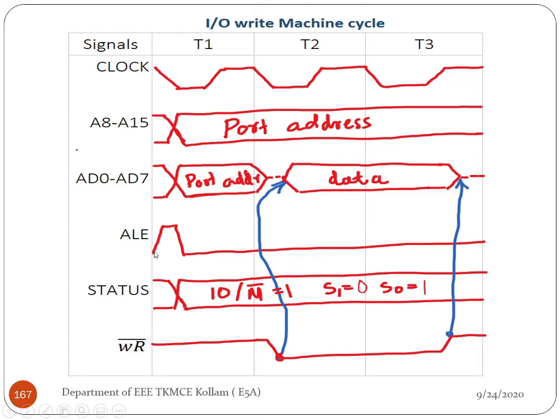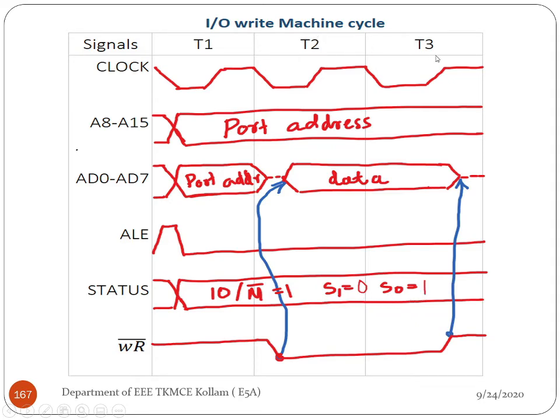For that, the ALE signal suddenly goes high and then goes low during the first clock cycle of every machine cycle. And this is the status signal. As the address is related to an I/O device, IO/M bar is equal to 1, and corresponding to the write operation, S1 is equal to 0 and S0 is equal to 1.